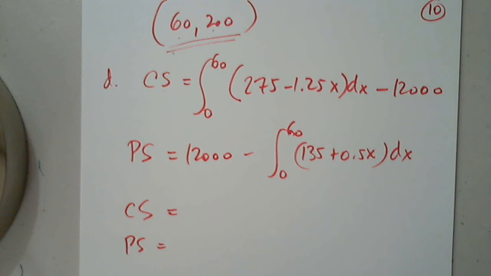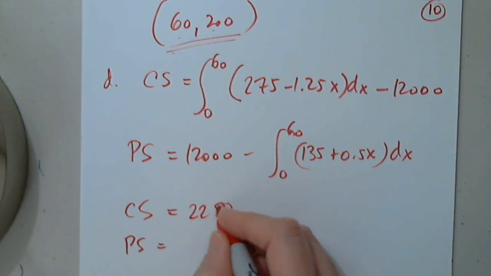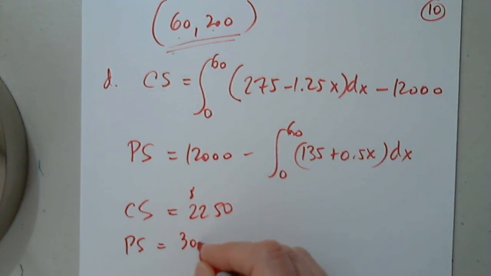And now 12,000 minus, math and number 9, from 0 to 60, of the other function, which is 135 plus 0.5x dx, and press enter. Good. So the first one is 2250, and the last one is 3000.